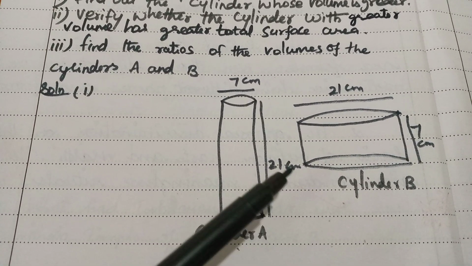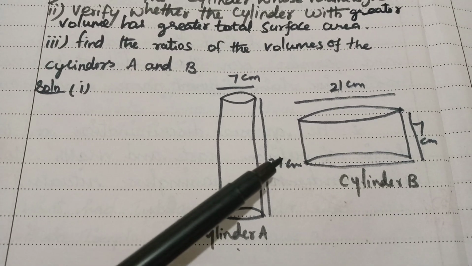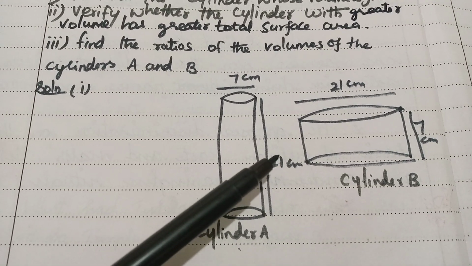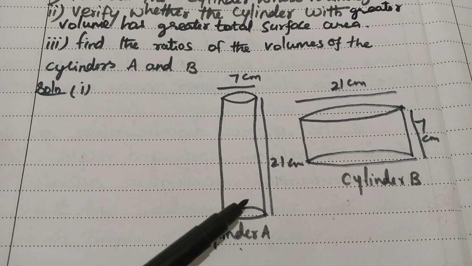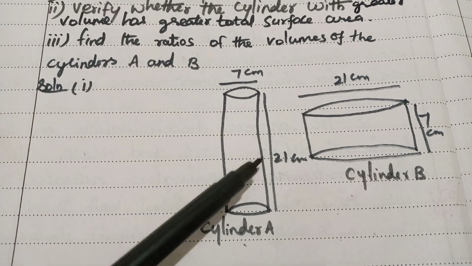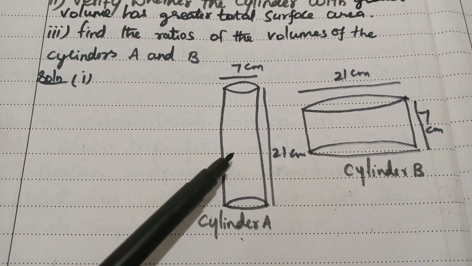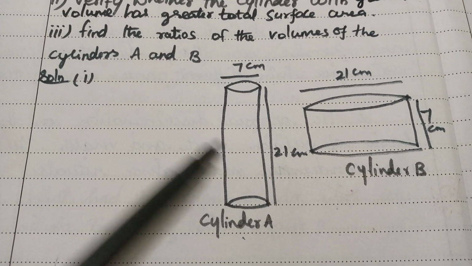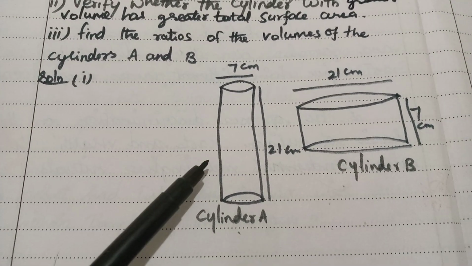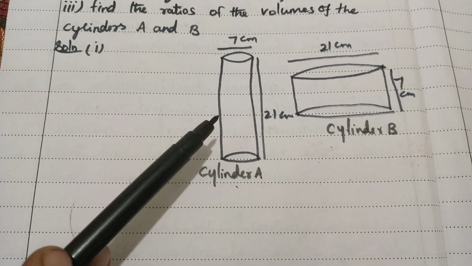Second subdivision, verify the cylinder with the greater volume has greater total surface area. So we have to find the TSA, means total surface area, of both the cylinders separately, and verify greater volume has the greater total surface area. Third one is we have to compare the ratio of their volume. Okay, one by one let us find out.